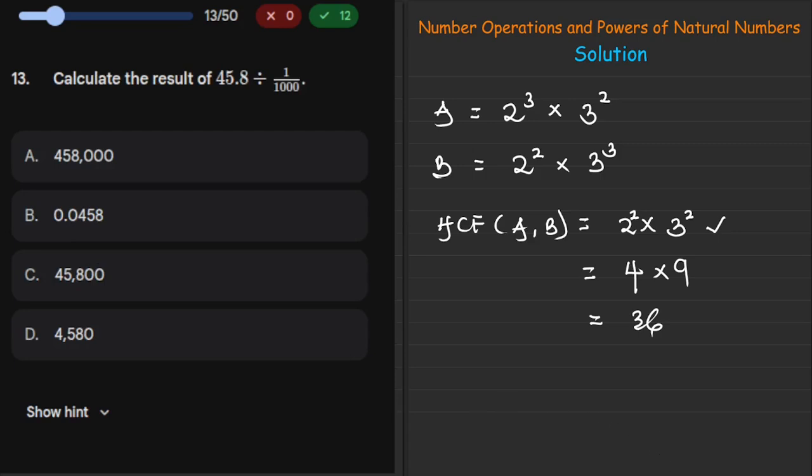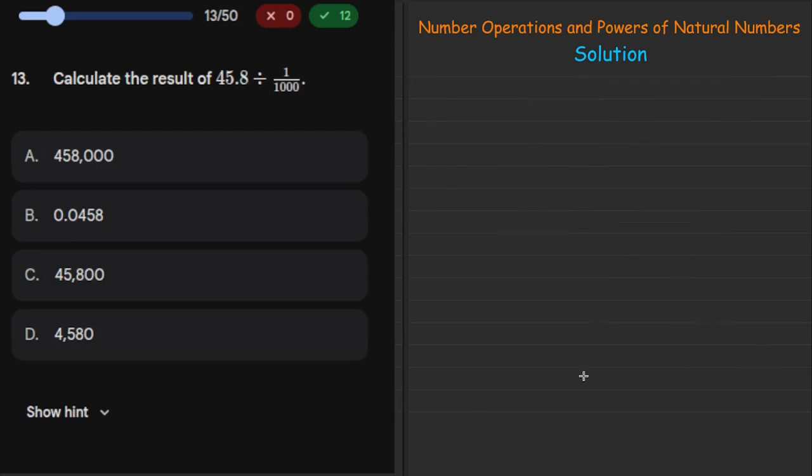Question number 13. 13 says we have to calculate the result of 45.8 divided by 1 over 1,000. Now we know that when we want to divide a number by a fraction, we use the KCF method.